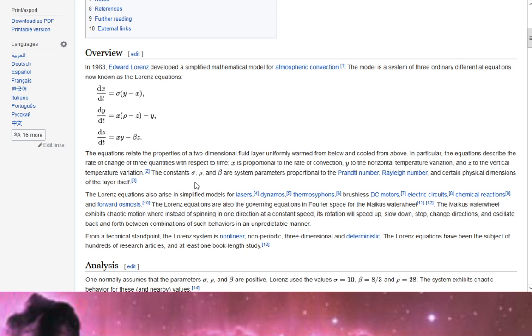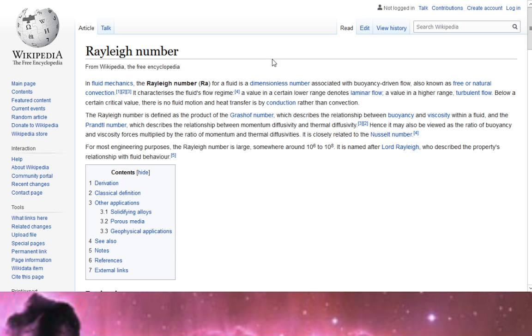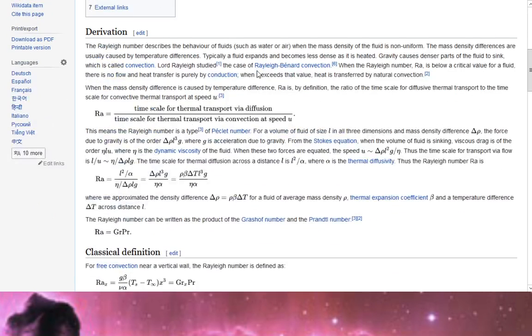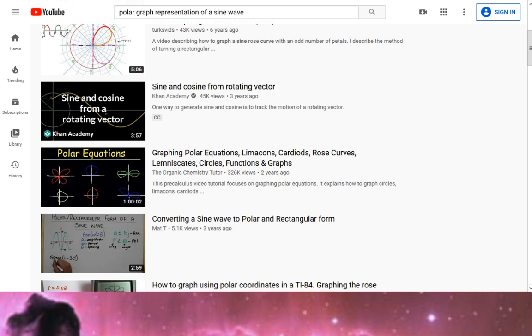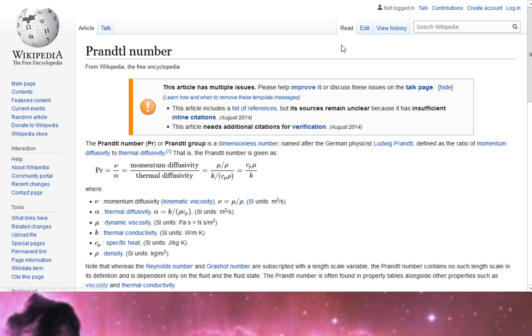The constants rho, p, and b are system parameters proportional to the Prandtl number and the Rayleigh number and certain physical dimensions. I've never heard of the Prandtl number. Rayleigh number I've heard of. I don't know exactly how they come up with that.